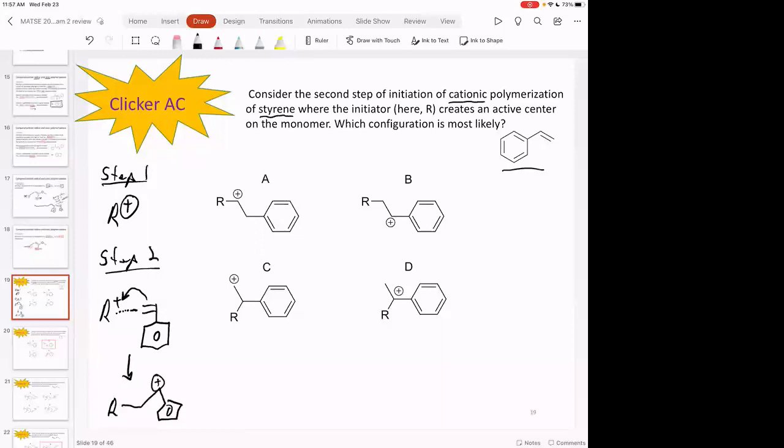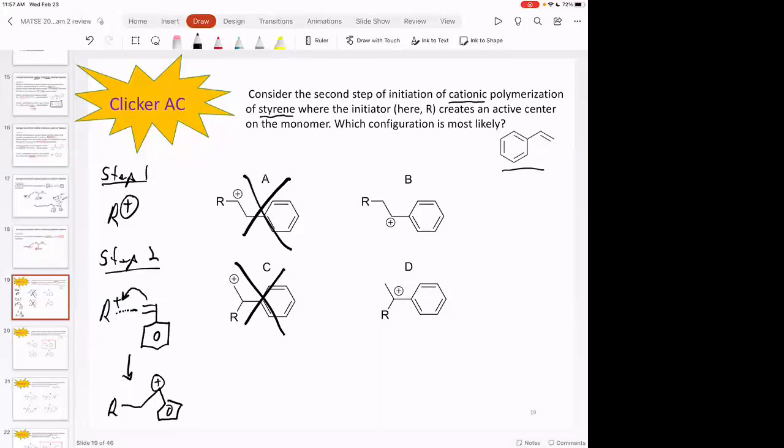Now I just need to go and figure out which letter that is, right? So let's see. My cation is living next to the styrene. Okay. I've got an R out here by itself, but I don't have this cationic center out by itself there. I don't have the cationic center on the tail of the styrene. That's out.